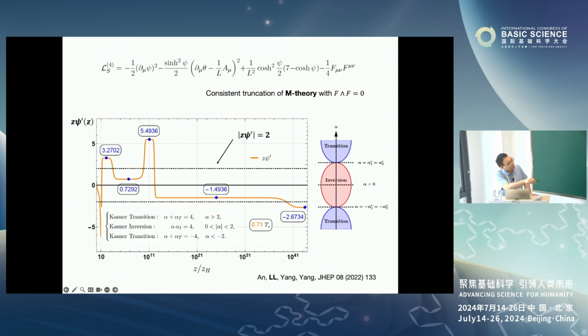The component is 3.27, it's larger than 2. So according to this rule, it has a Kessler transition, it drops to the new Kessler epoch. So their sum equals 4, you see, it is well satisfied. And then for the second Kessler epoch, its component is 0.7, you see, following this red regime.